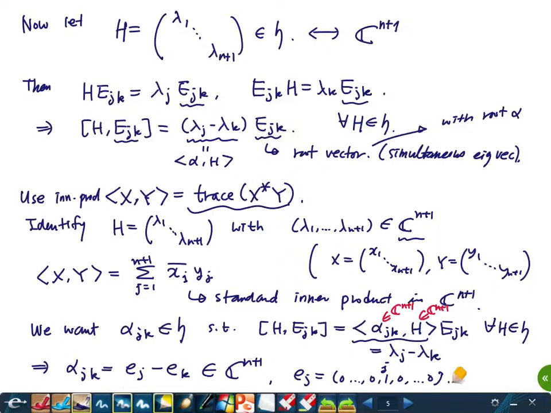Yeah, so we found the roots and root vectors. And we know from the root space decomposition of g, we know g is this sl_(n+1)(C), has this decomposition, the sum over alpha in R of g_alpha.